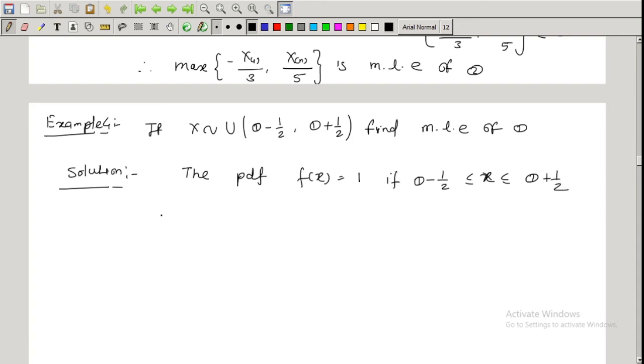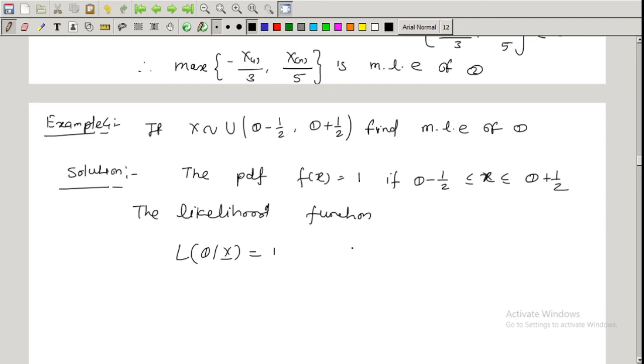So here the likelihood function L theta given x bar is equal to 1, because 1 raised to n is 1.